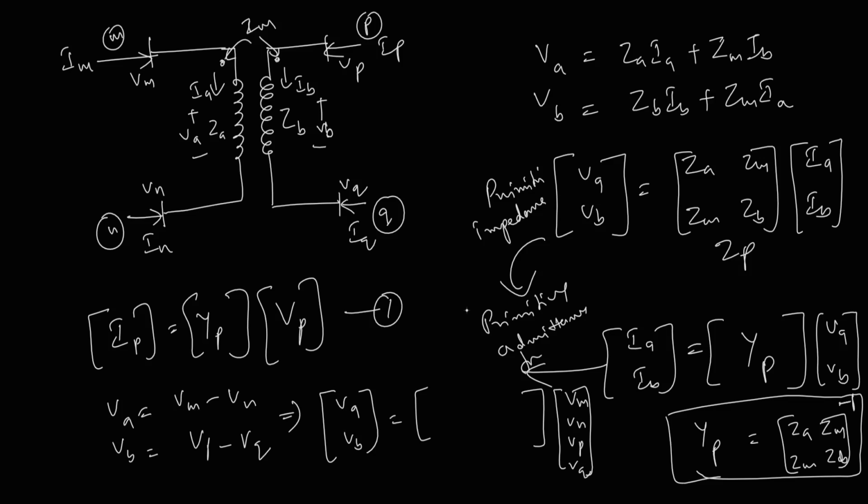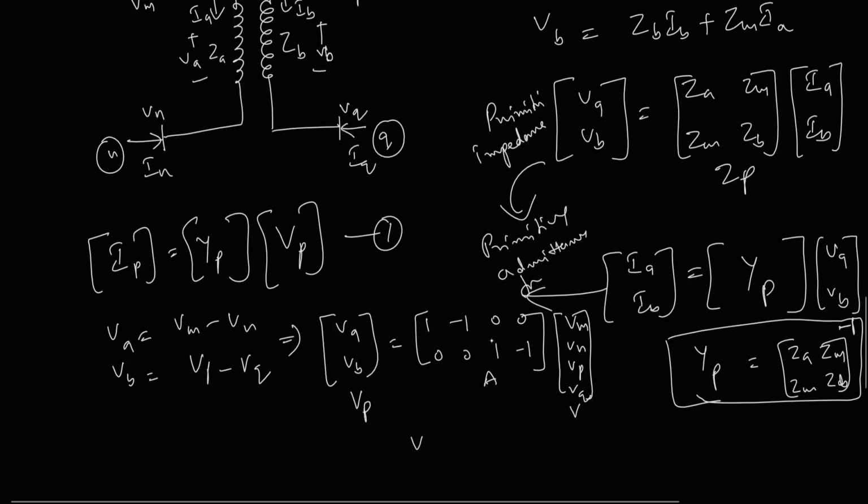So VA is VM minus VN, not related to VP, VQ, and VB is VP minus VQ, not related to M and N node voltages. Now this is the A matrix, and this is the V matrix. So this is VP related to A times V.